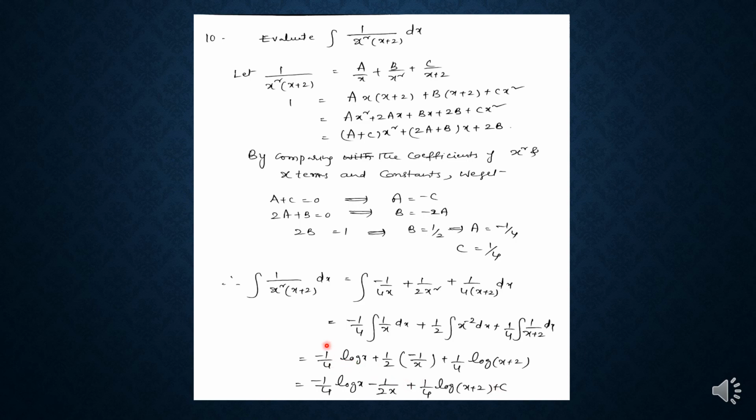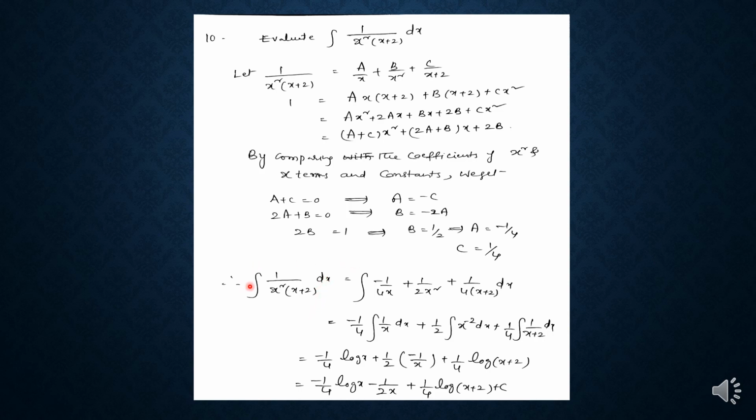Thus we can solve the integrals by using partial fractions. So in this class we have learnt solving the integrals by using partial fractions.